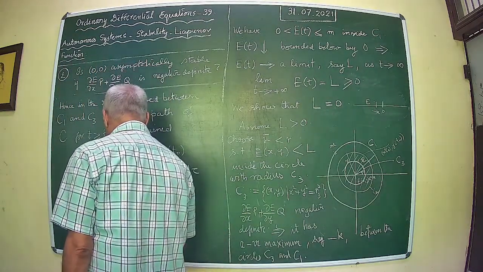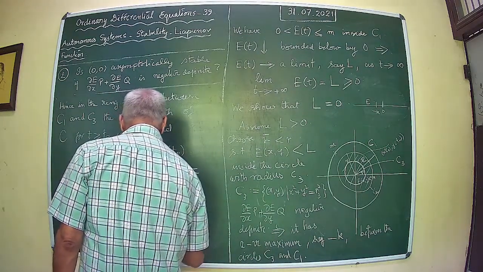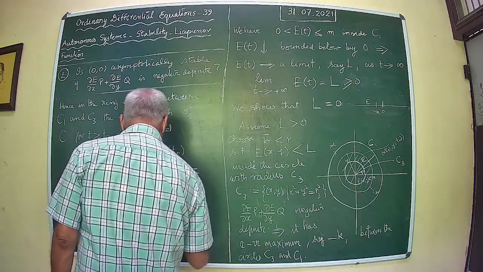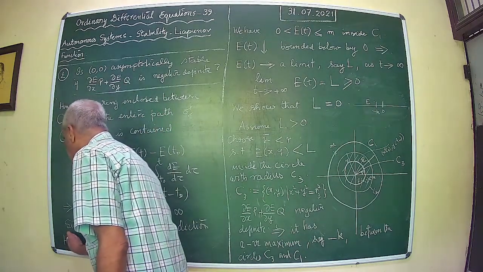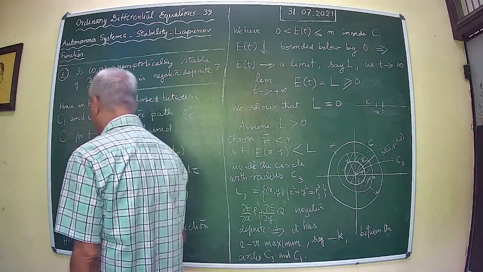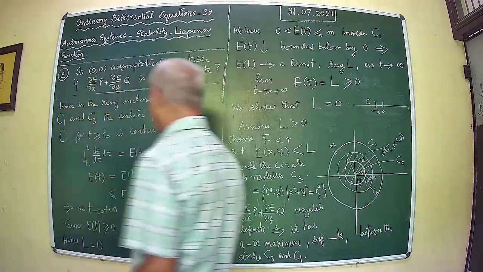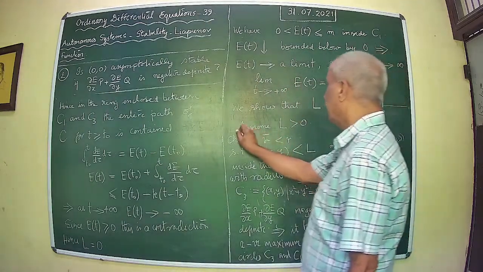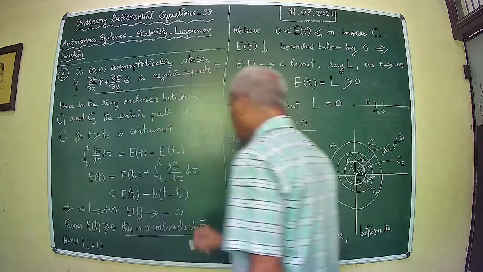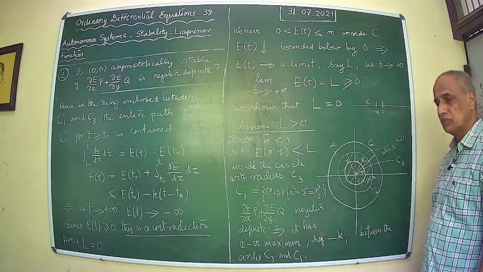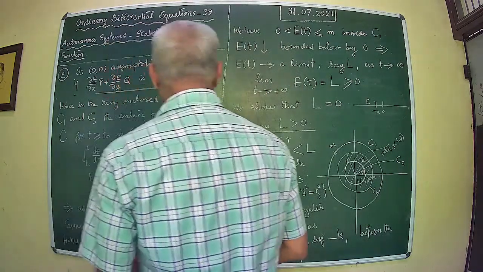This is a contradiction. Hence, L is equal to 0. So what we have assumed is that if L is greater than 0, then there is a contradiction. Therefore, L is equal to 0.